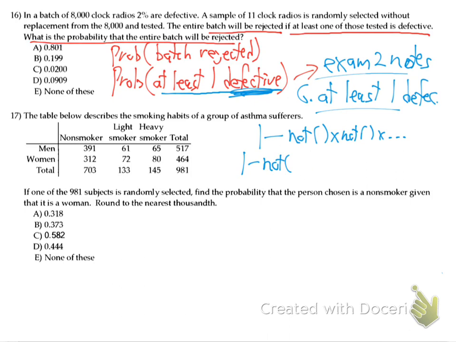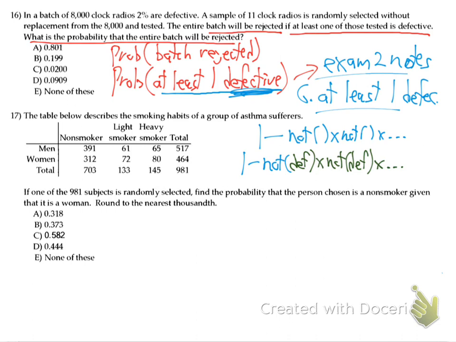That's what you put in the not phrases: 1 minus not defective, not defective.